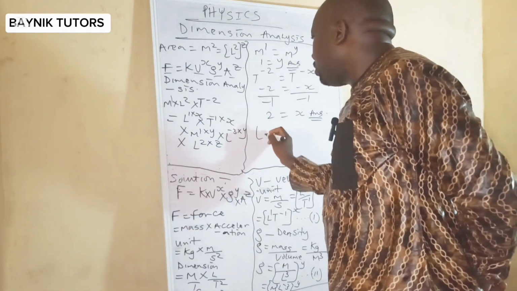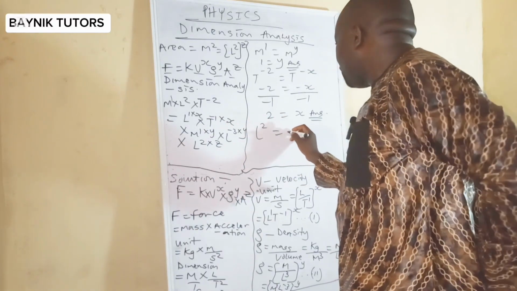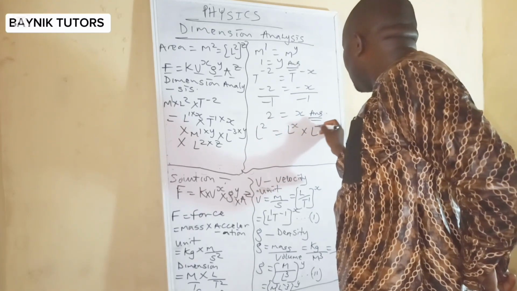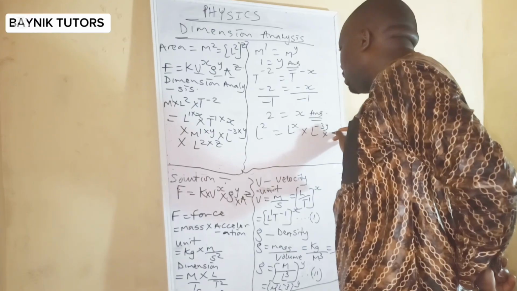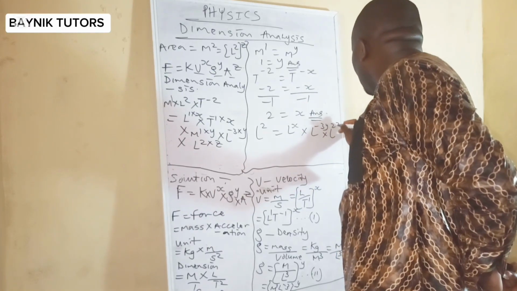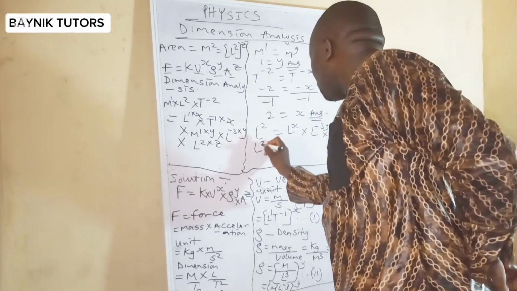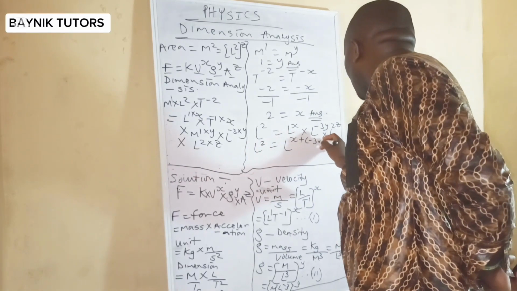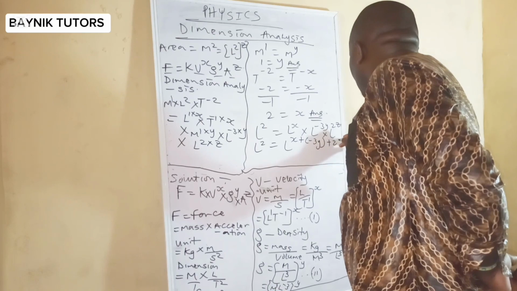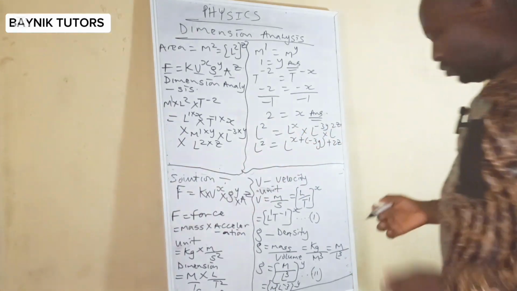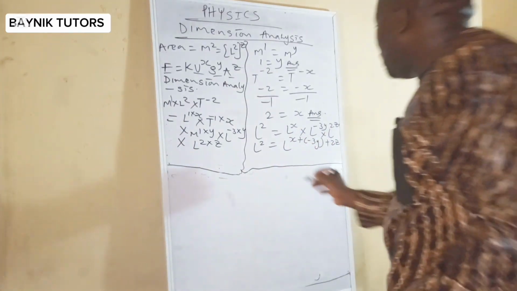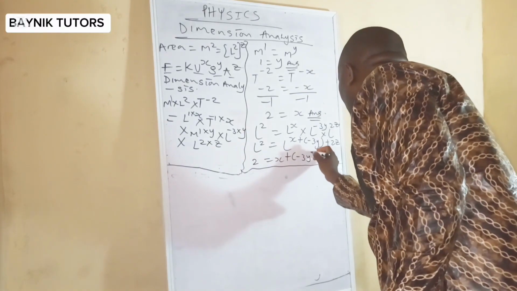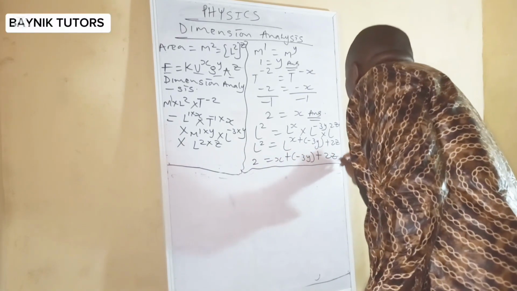My L raised by 2 will now be L raised by x times L raised by minus 3y times L raised by 2z. So here is L raised by 2 is equal to L raised by x plus minus 3y plus 2z through the multiplication law. 2 is equal to x plus minus 3y plus 2z.